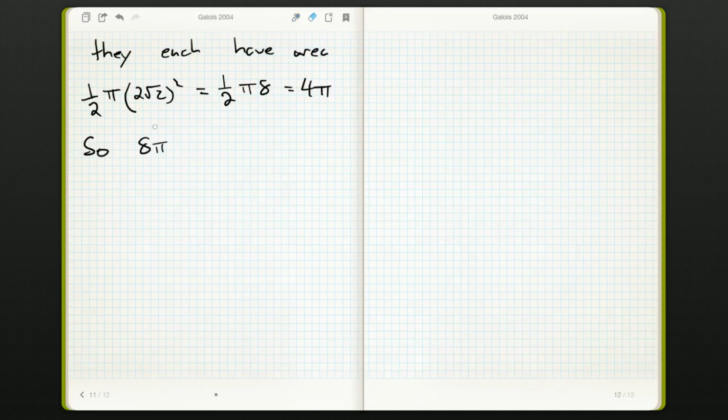So what do we want? We wanted to say the area of semicircle AB, which is 8 pi, can be broken down into 2 copies of 4 pi.